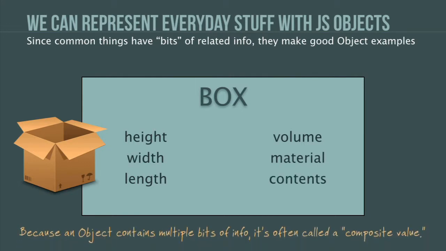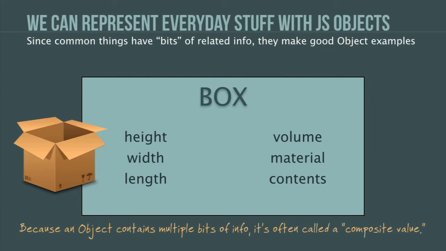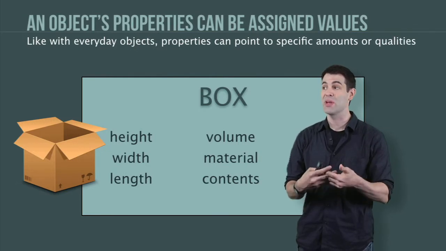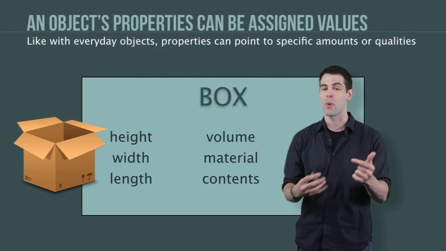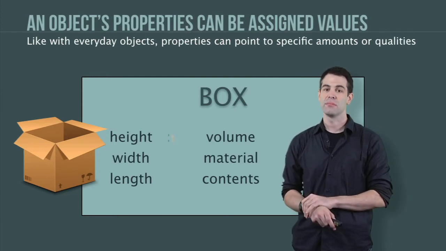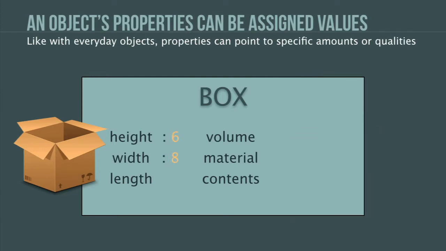Now, because an object contains multiple bits of value put together, it's often called a composite value because there are multiple pieces. Just like with everyday objects, properties can point to specific amounts or qualities for that object. So here we could have the height being 6, the width is 8, and the length is 10.